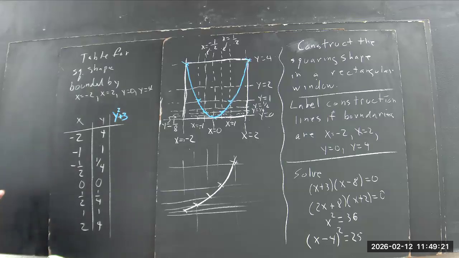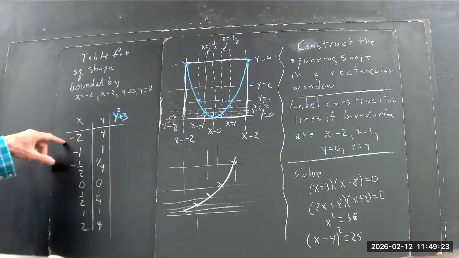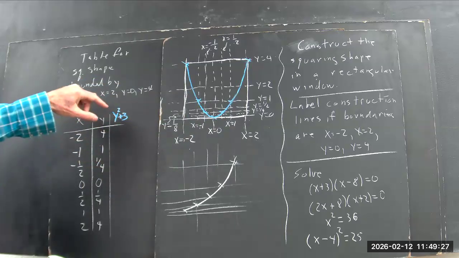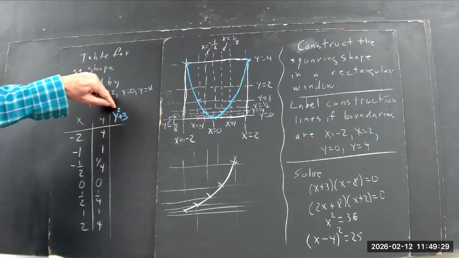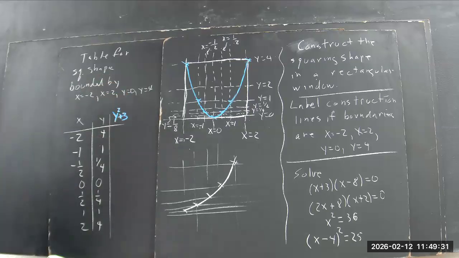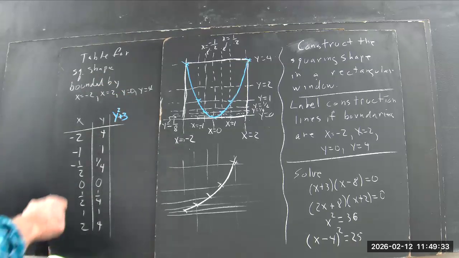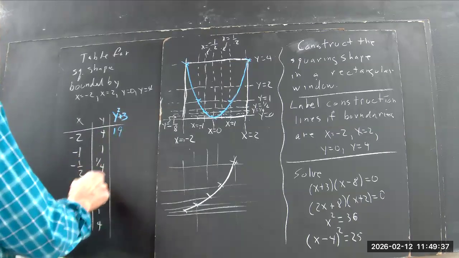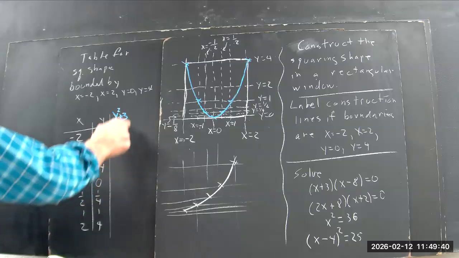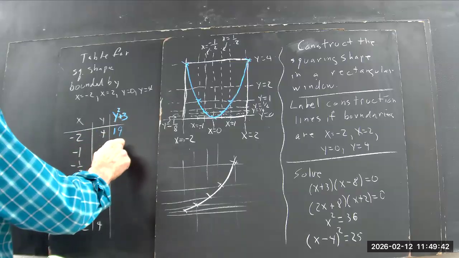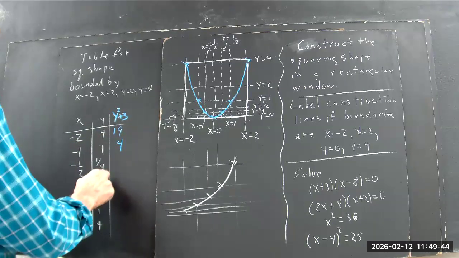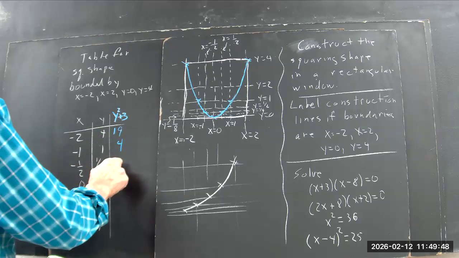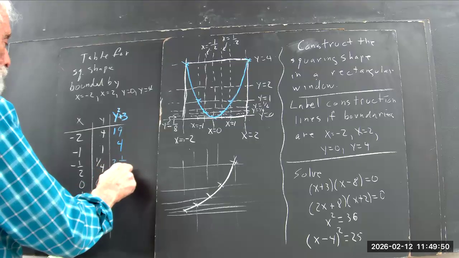What I'm doing here is feeding x into this function, and then taking the y value, squaring it and adding 3. Well, y squared plus 3 is going to give me 19 here. 4 squared is 16, add 3, you get 19. 1 squared is 1, add 3, you get 4. 1/4 squared is 1/16, and you add 3 and you get 3 and 1/16.